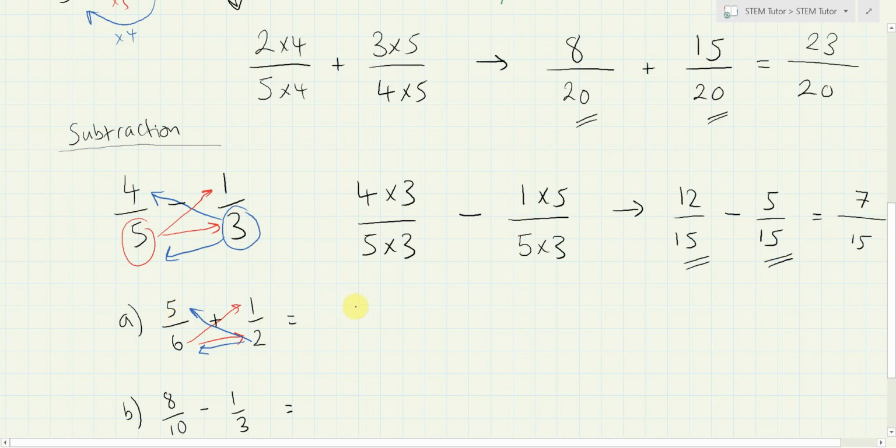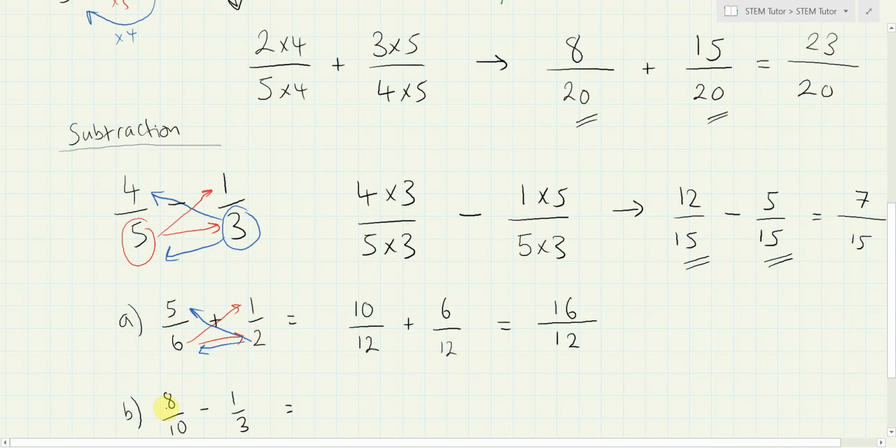So 5 times 2 is 10, over 6 times 2 is 12, plus 1 times 6 is 6, over, again, 6 times 2 is 12. Denominators are the same, so this is an answer over 12. 10 plus 6 is 16.